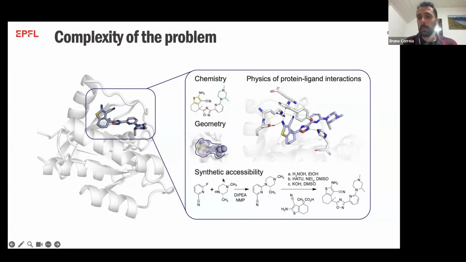And then there's another aspect which we typically don't take too much into consideration, and the way that we deal with this is, okay, we just generate a ton of things, and then we filter in the end whatever can be made chemically. We really wanted to make an effort so that we could bring all these things together in an algorithm that would take all these constraints or restraints into consideration.